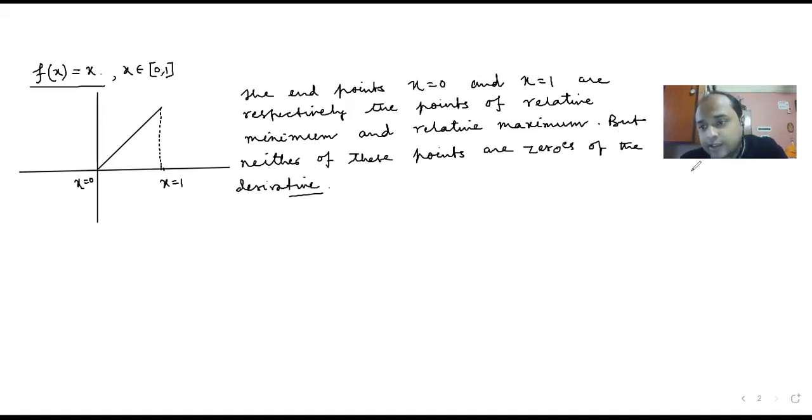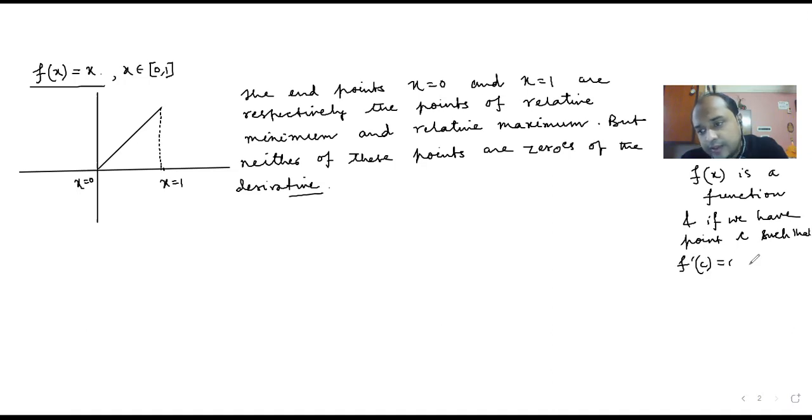If you can recall, if fx is a function, and if we have a point c such that f dash c is equal to 0, then c is called the zero of the derivative.